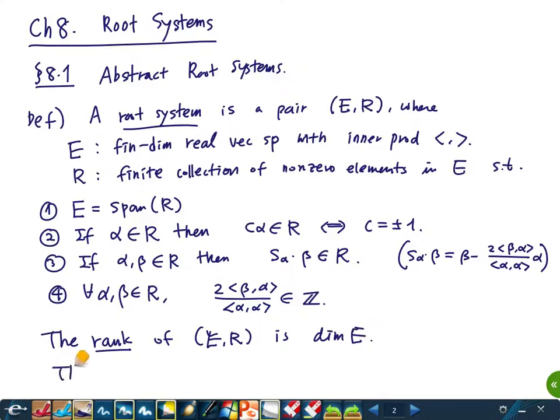And the elements of R are called roots. So a root system is basically a collection of roots.